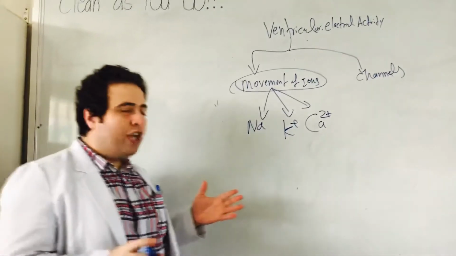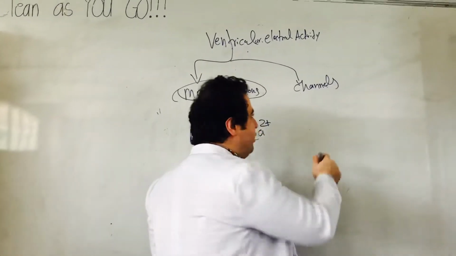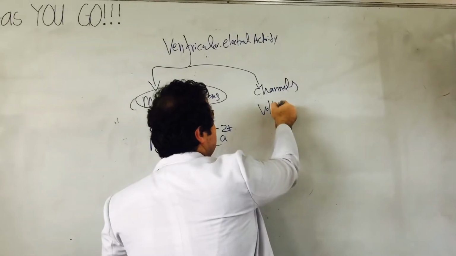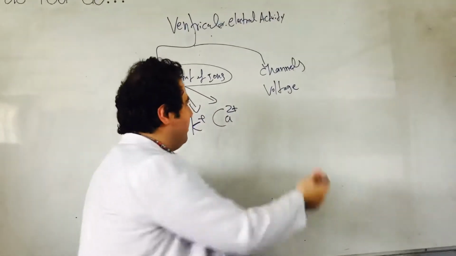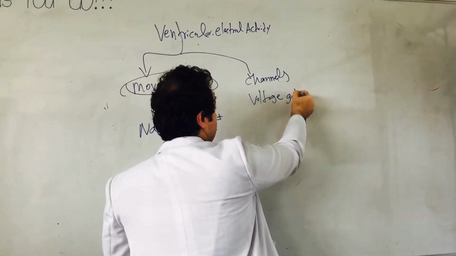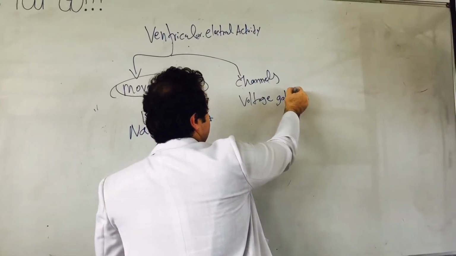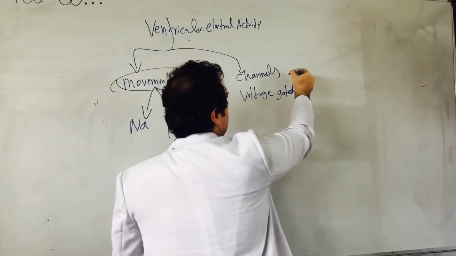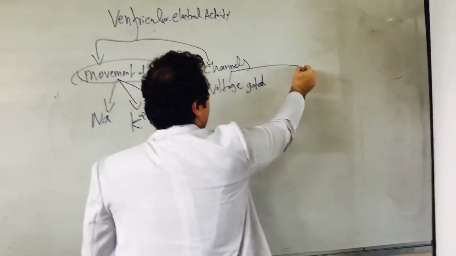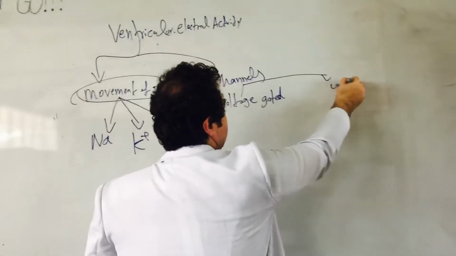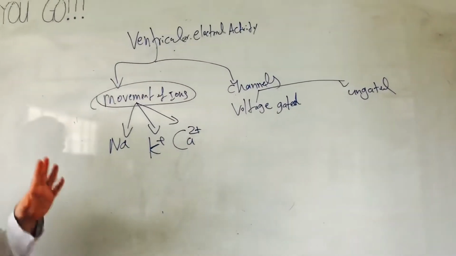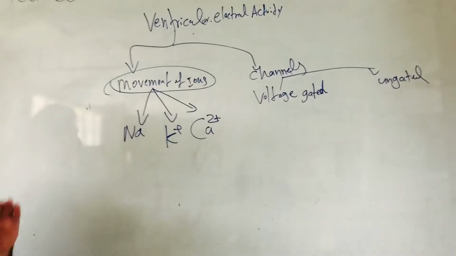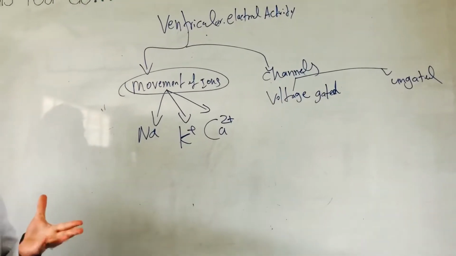The channels can be voltage gated channels, and channels can be ungated. So the channels can be voltage gated or ungated.